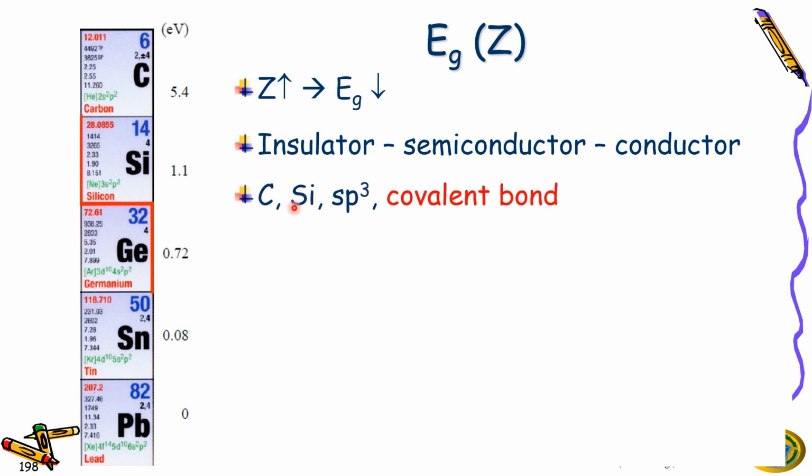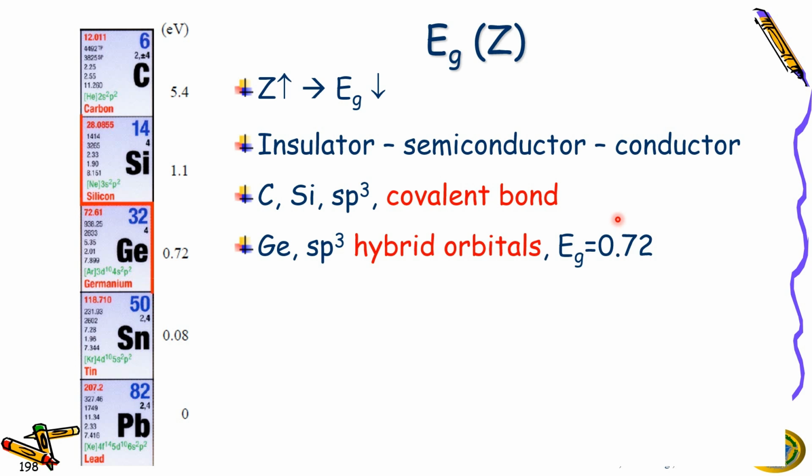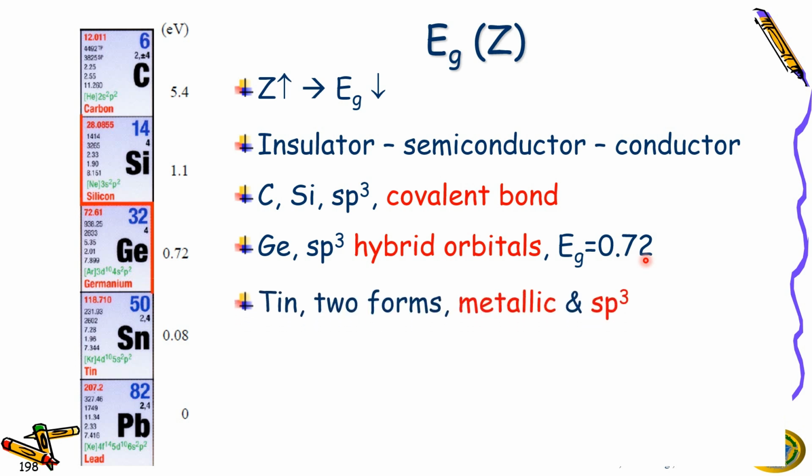When you look at carbon and silicon, it is sp3, which is a covalent bond. Germanium is also a covalent bond, but the energy band gap is small. However, for tin, there are two forms. One form is a metallic bond, and one form is an sp3 bond.